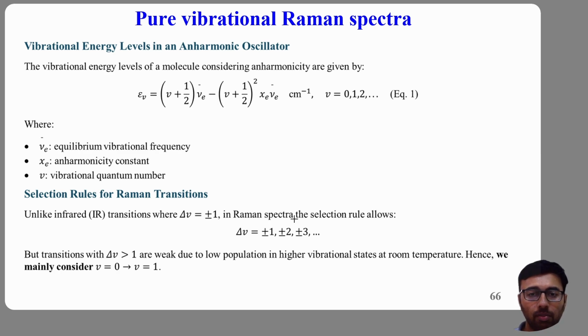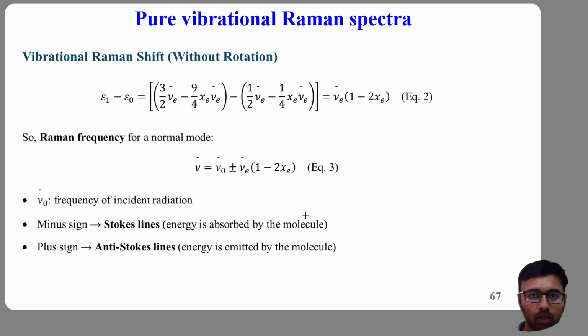Now, things become even more interesting for light diatomic molecules in the gas phase. The vibrational spectrum is not a single line. Instead, each vibrational transition contains rotational fine structure. This produces a combined spectrum, a vibrational-rotational Raman spectrum.